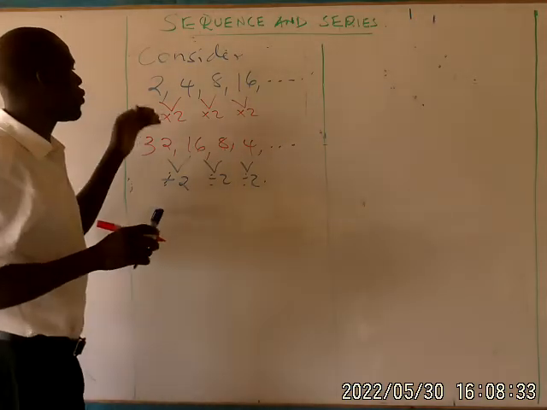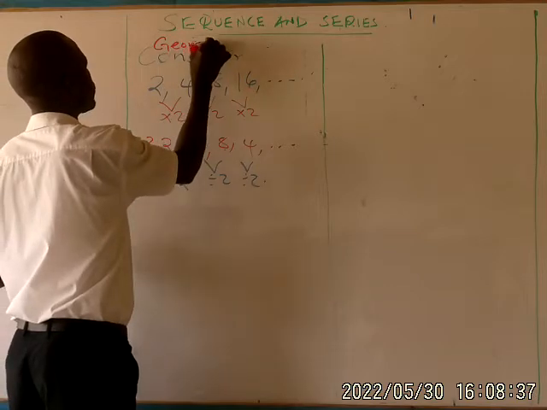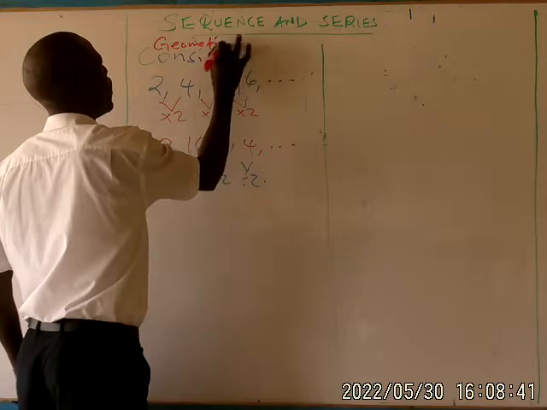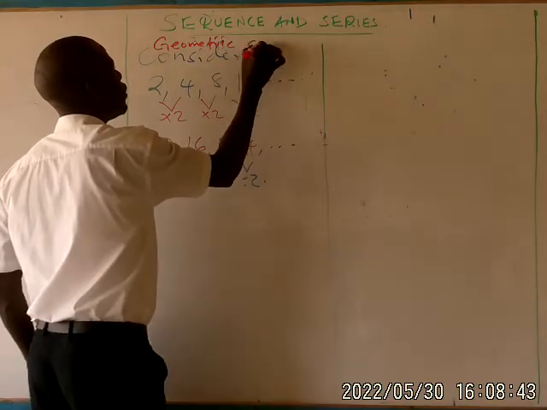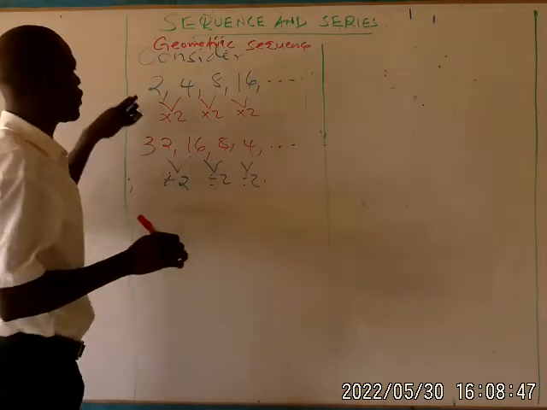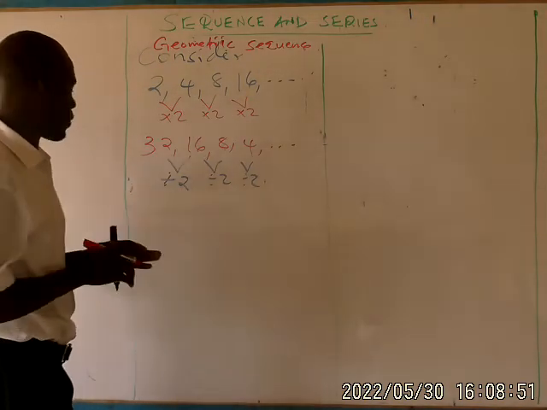Now, this is geometric. A geometric sequence is the order whereby we have a multiplication or a division.